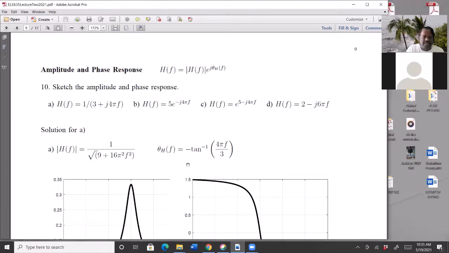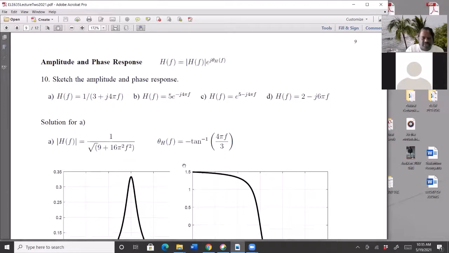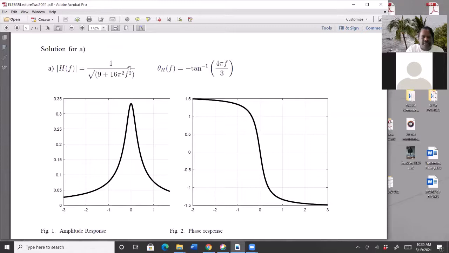So we have this. Now if you plot this, roughly speaking, this expression will be maximum when this is a minimum, and this is a minimum when f is 0. So when f is 0, it's at the peak. On either side it decreases because it is a square. It doesn't matter whether it is plus or minus, it is symmetrical. This graph doesn't look symmetrical because I cut it off here, but in reality it is perfectly symmetrical. MATLAB cut it off.